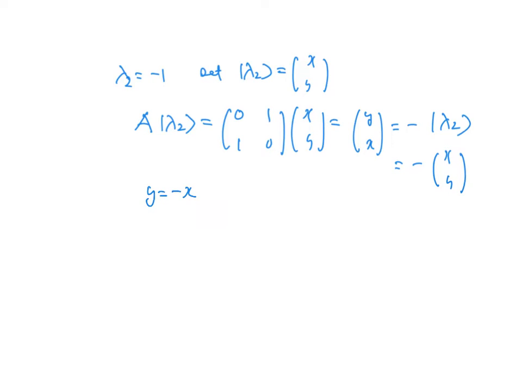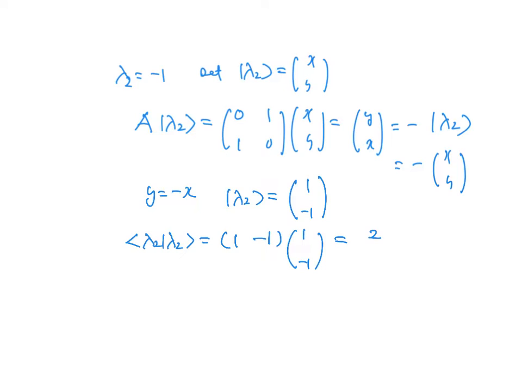So we can set lambda 2 vector as (1, -1). And if we take the inner product with itself, (1, -1)·(1, -1) is again 2. So we define the normalized eigenvector for lambda 2 as 1 over square root of 2 times (1, -1).